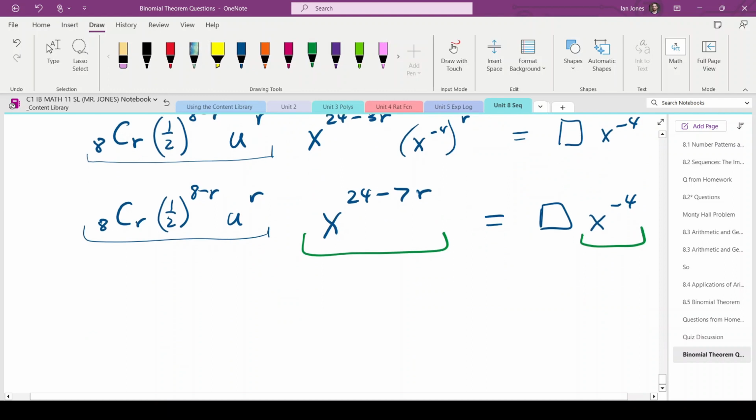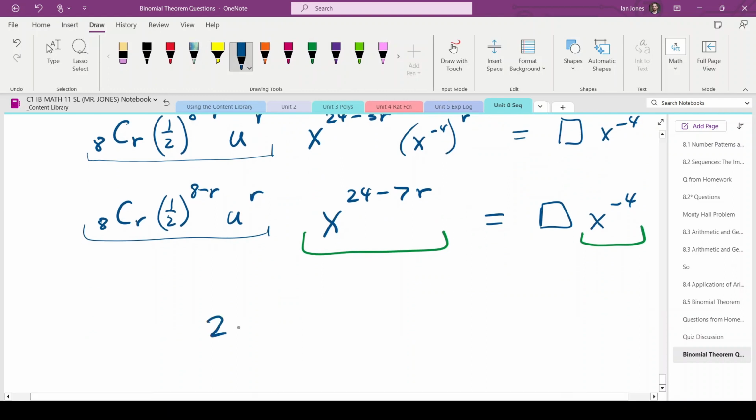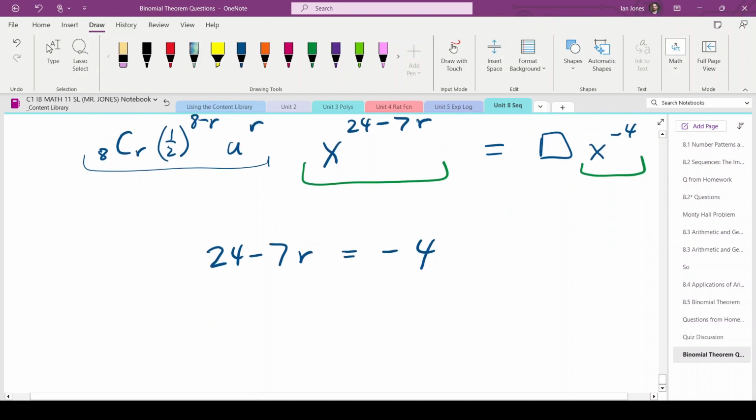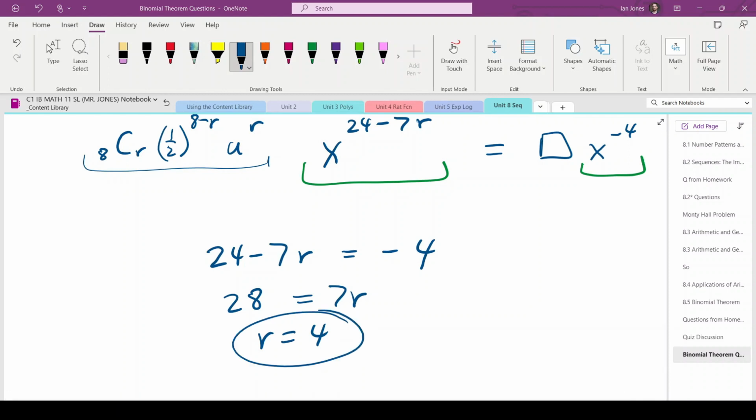In other words, I would like 24 minus 7r to equal negative 4, which I can solve for r fairly simply. That gives me 28 equals 7r, divide both sides by 7, r equals 4. Okay, so r equals 4 here.